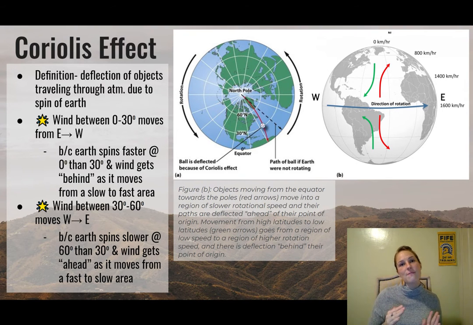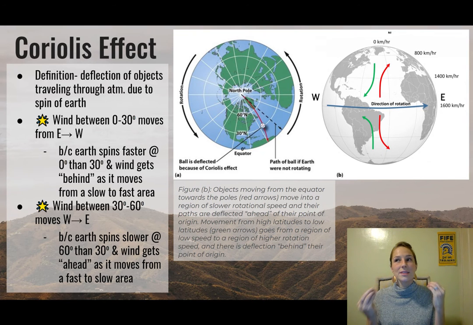And so it's going to kind of overshoot that amount. And if you were coming from an area where you were moving slow and the Earth is rotating really fast, by the time you hit here, you would be moving not fast enough so that you would be behind.